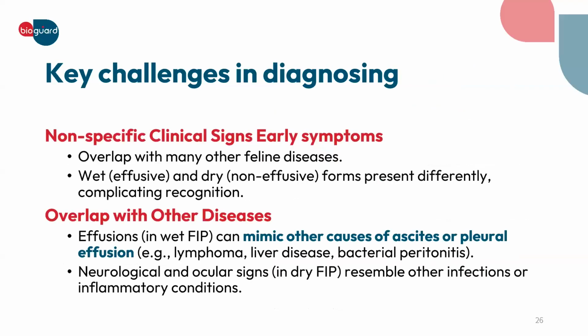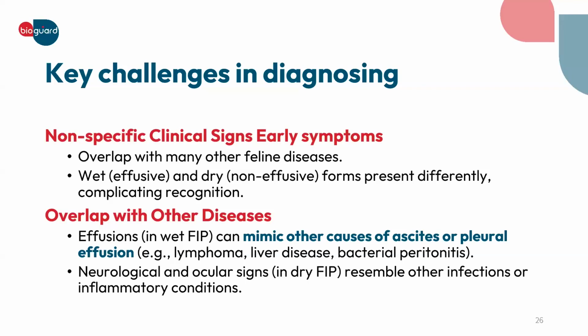So talking about the challenges that a vet clinic usually faces during the diagnostic process of FIP, of course, it starts with the initial stage, where the non-specific clinical signs sometimes overlap with other diseases occurring in the cat at the same time.